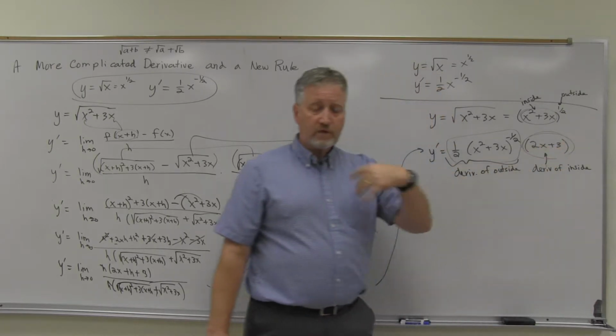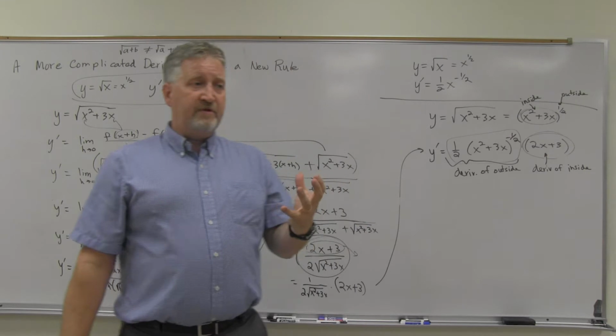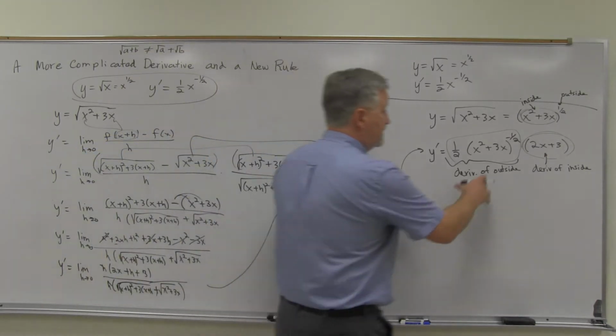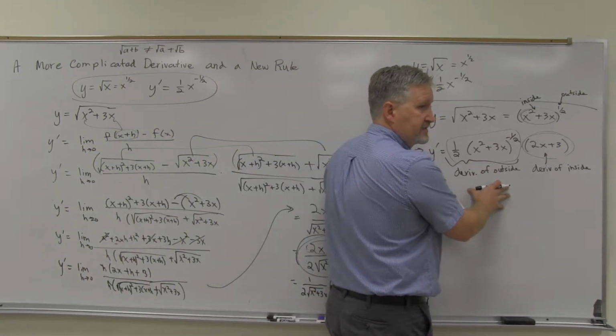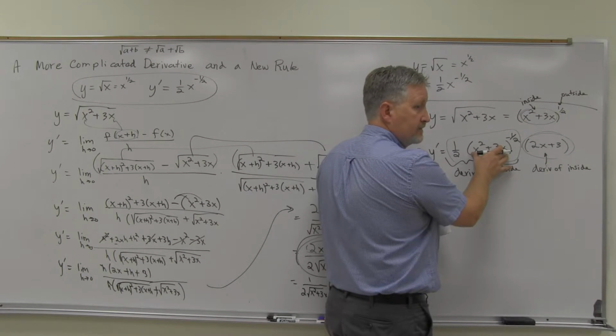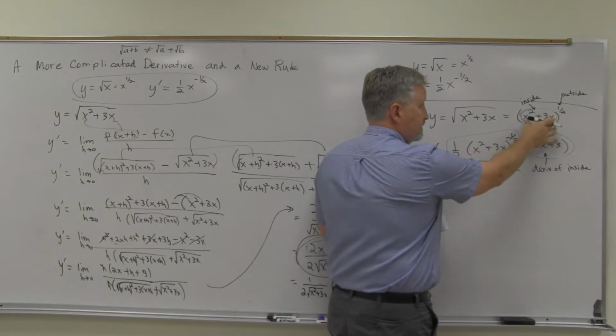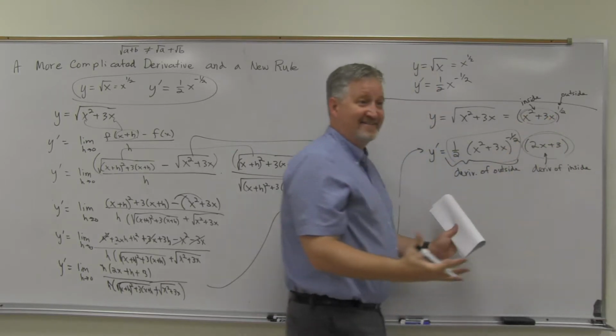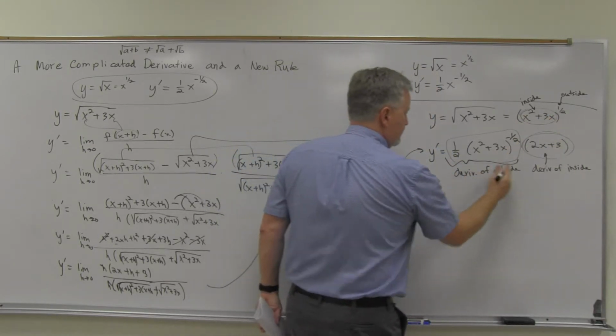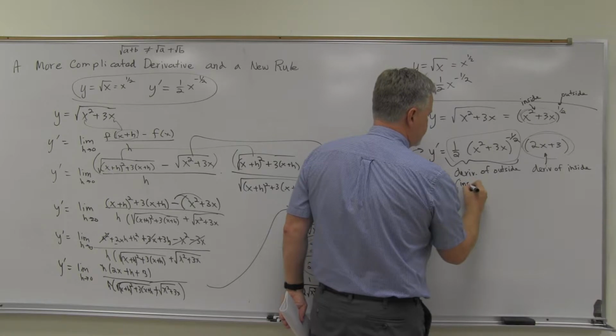Now, one other extremely important note is when I did this derivative of the outside, what happened to the inside? Nothing happened to it, right? It stayed the same, okay? So the derivative of the outside, inside stays the same.